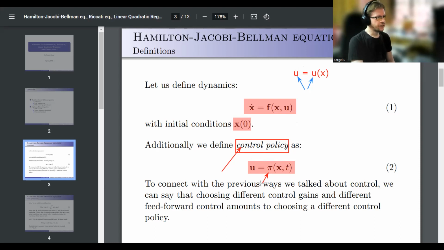Now here, the same thing can happen, and we would really like to differentiate between u, the output, and pi, the control policy. Why do we say control policy? Again, to avoid the same confusion. Classically, we call u the control input, or just control. And pi we call the control law, the law of how control is defined.